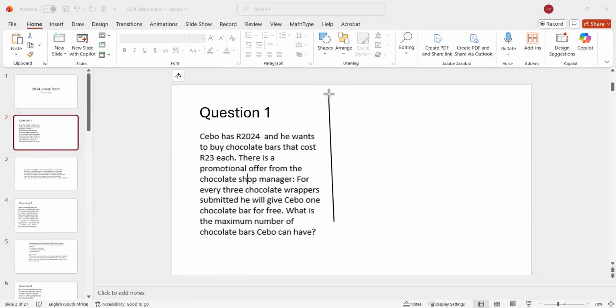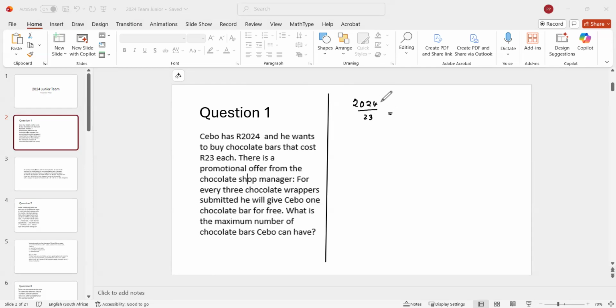You have to divide 2024 by 23. Now, normally I factorize and cancel.